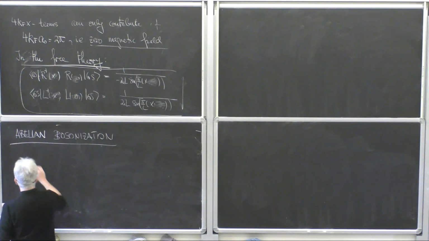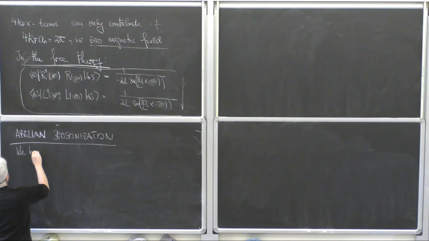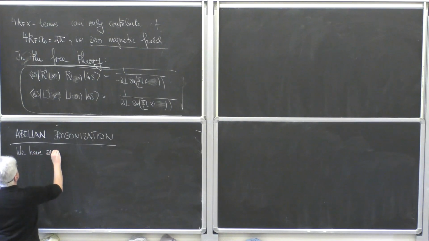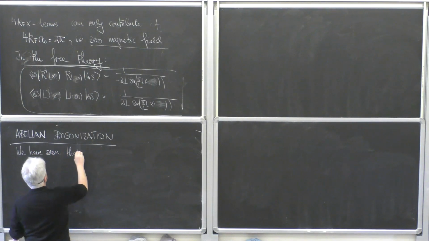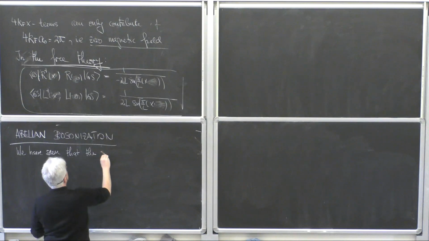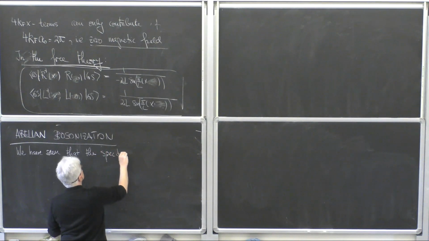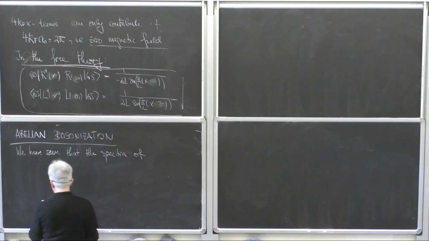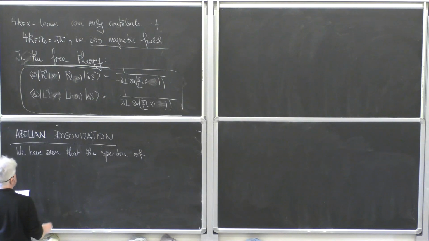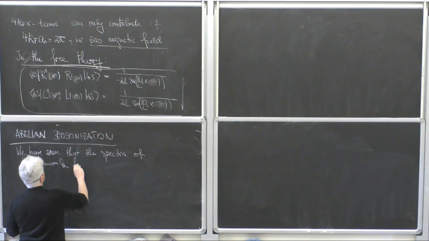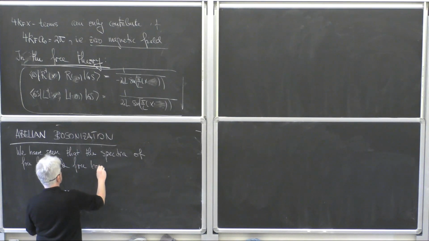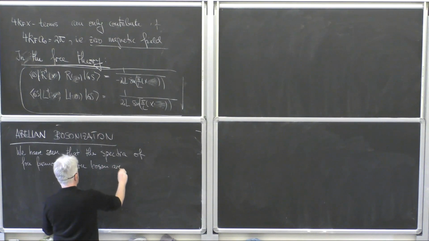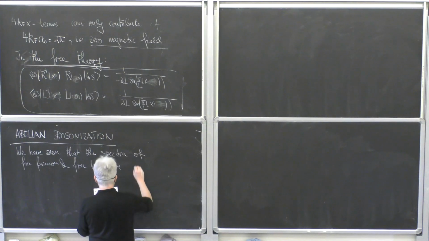So we have seen that the spectra of the free fermion and free boson are the same.